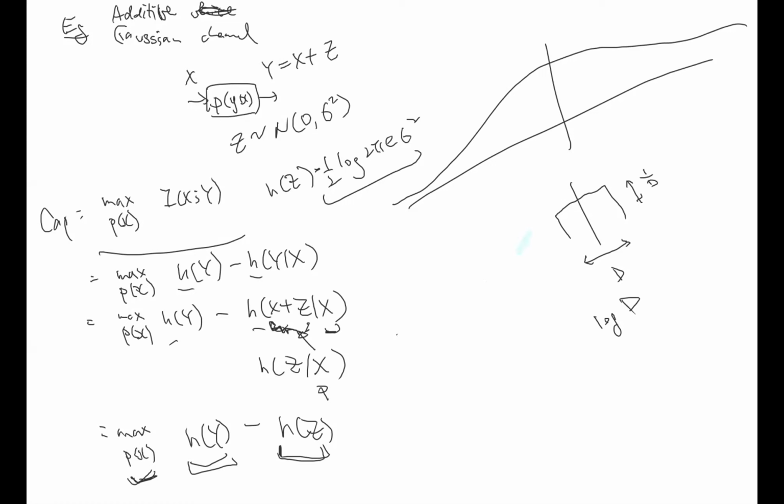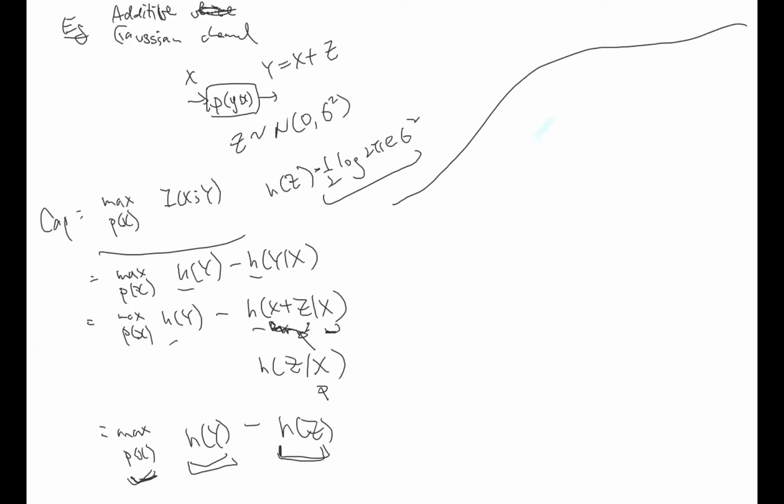But of course, in reality, we are not interested in an input that is unconstrained. We have a very natural constraint: we would like the power of the input to be bounded somehow. So let me introduce another constraint, that the expectation of X squared, which is basically the power, is bounded by big P, the input power.